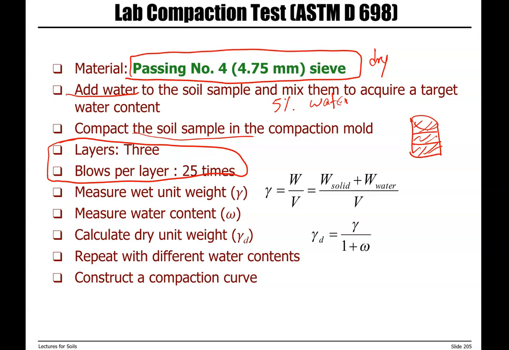And after you're done with the compaction, we use one of those small cans. Get some of our soil sample from here, put it in this small can, and calculate moisture content of our soil. We also know weight of this mold when it's empty.